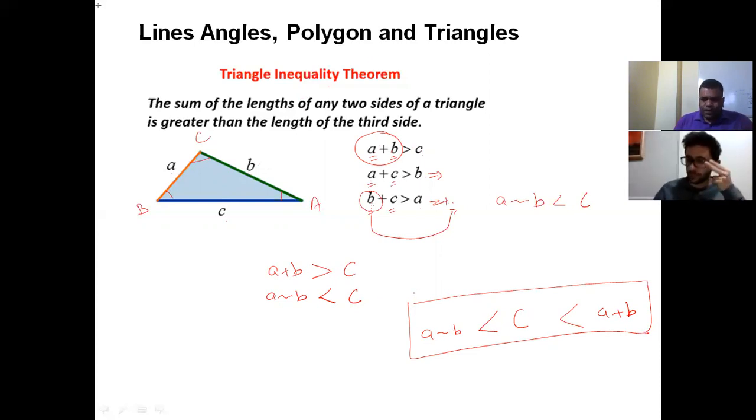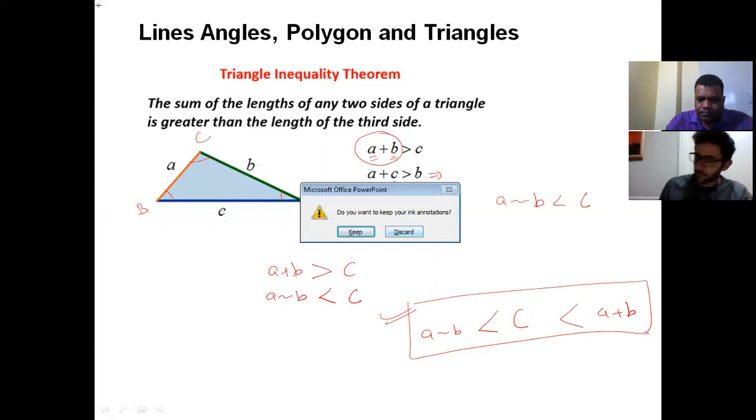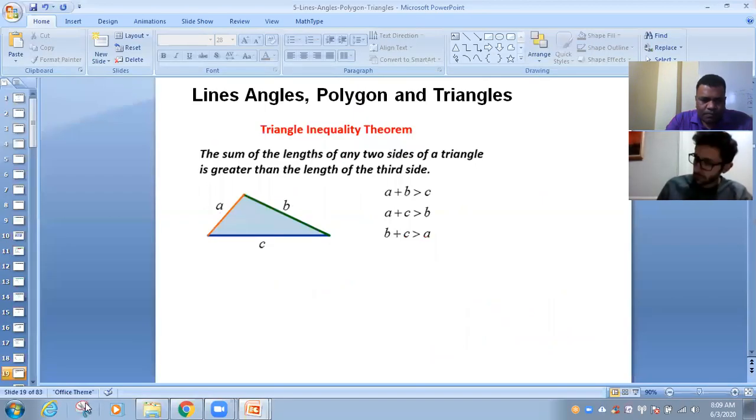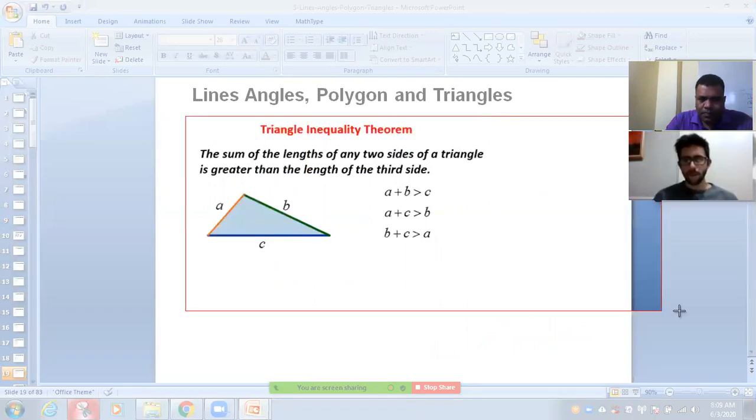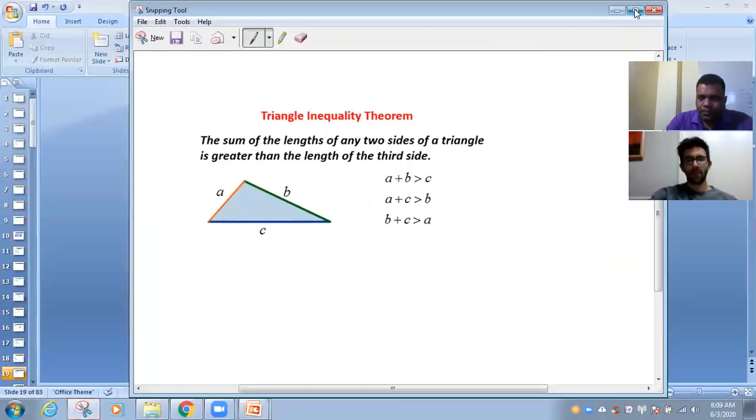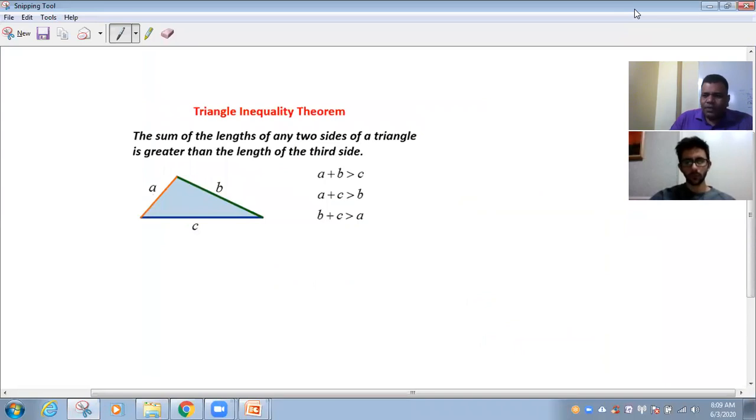Did you copy this? Good. It means, if I have a triangle like this, ABC, I'm taking one numeric example.